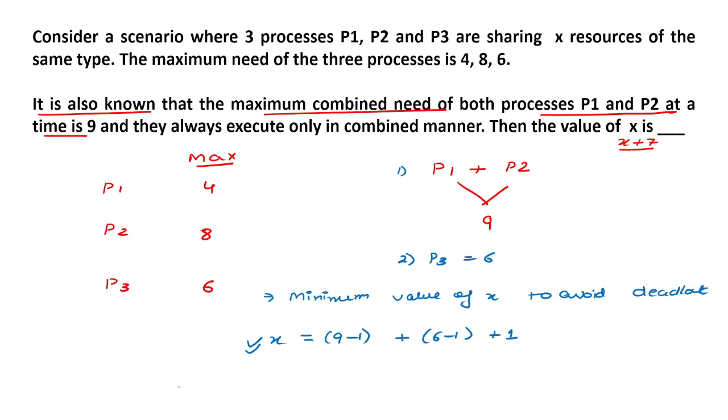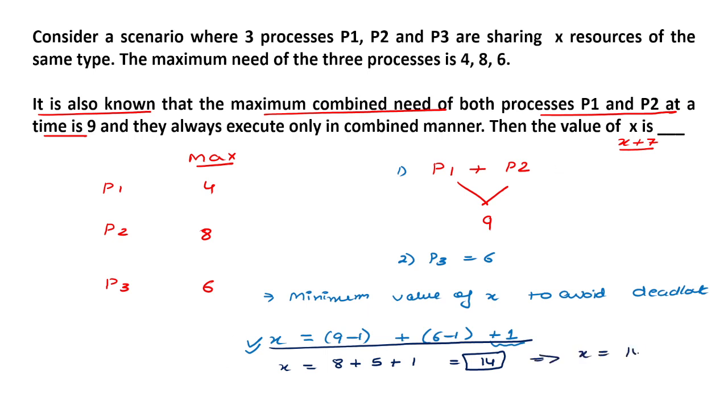To avoid deadlock, we take one resource less than the maximum need, and P1 and P2 have combined processing, so that is why we wrote this plus 1 here. This is a very important formula. After this, the value is X equals 8 plus 5 plus 1 equals 14. So this is the value of X.